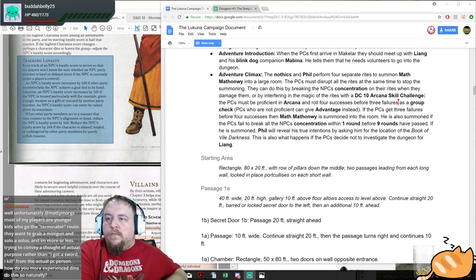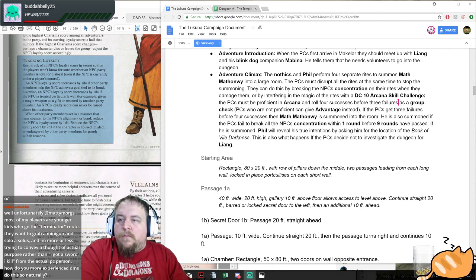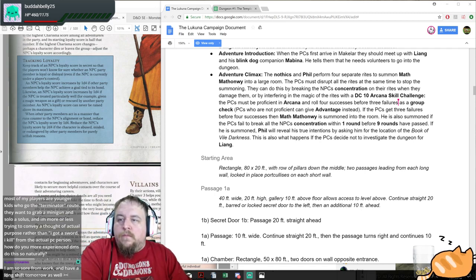And usually when you take damage during concentration, you have a DC to see if you can keep your concentration or not. I've made a DM ruling here that there is no DC. If they take damage, they will break concentration.